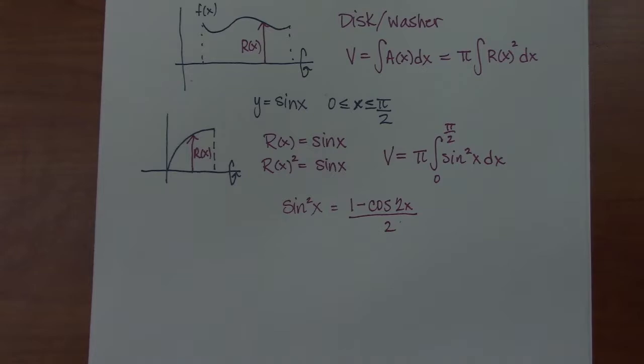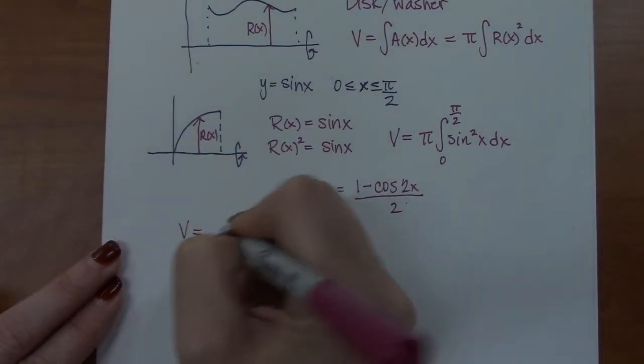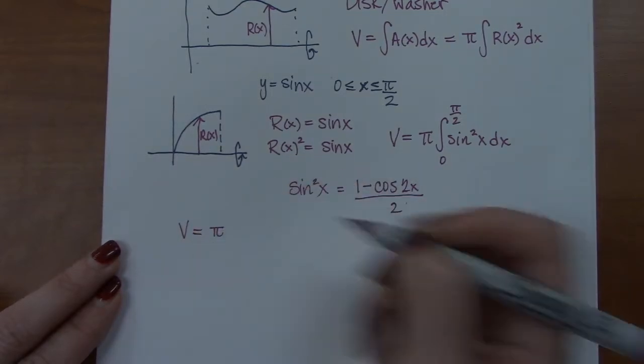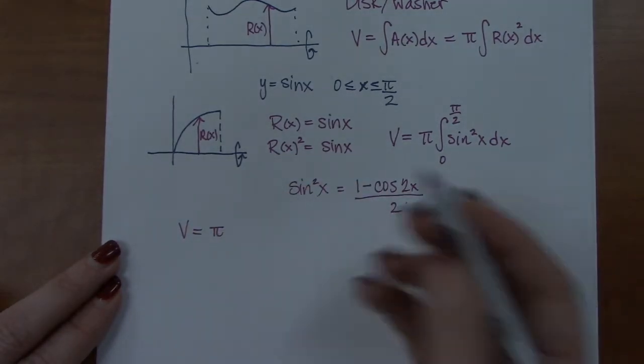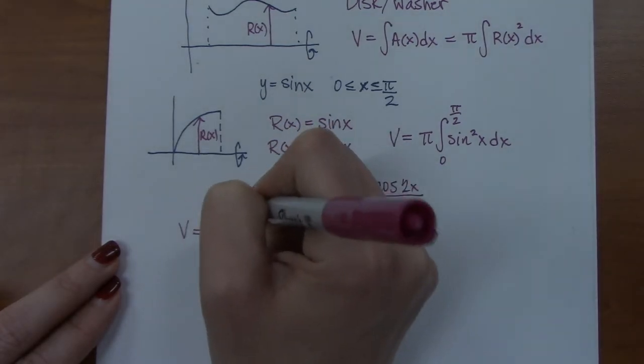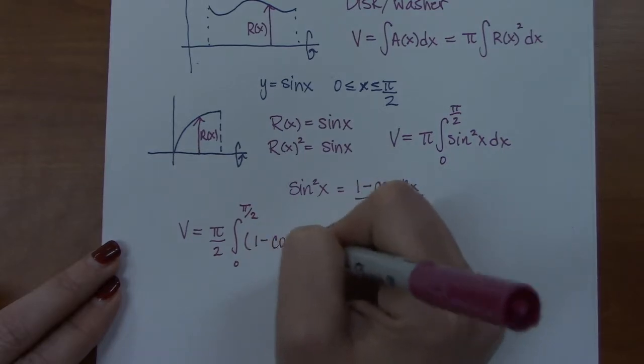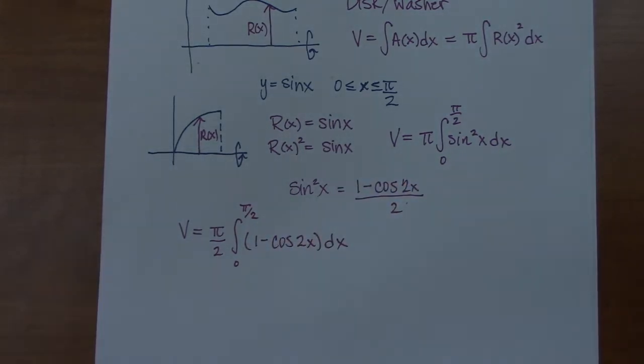What this does is it takes the power from a square down to a single power, and that's something you can integrate directly. So if you wanted to work this problem out to completion, since this is all over 2, I'm just going to pull the 1/2 out front. So this is something we could integrate directly. So we can finish the problem like this.